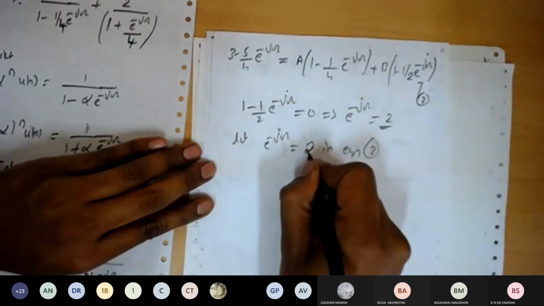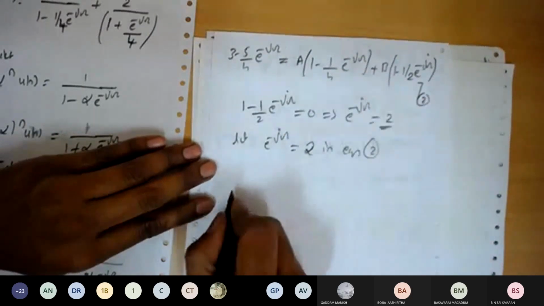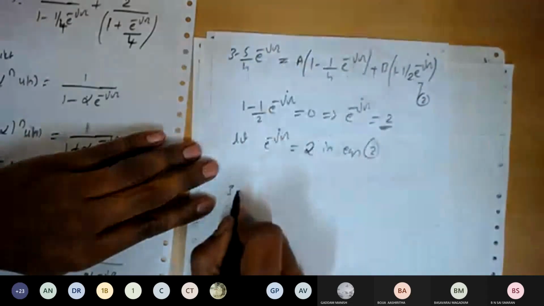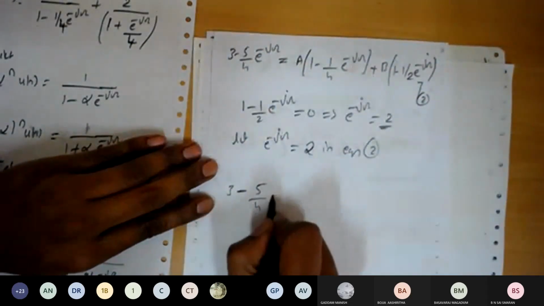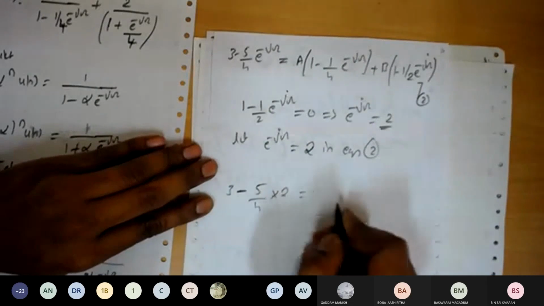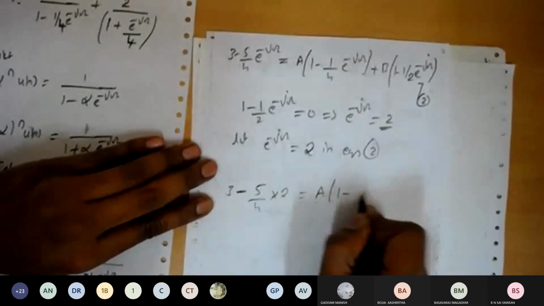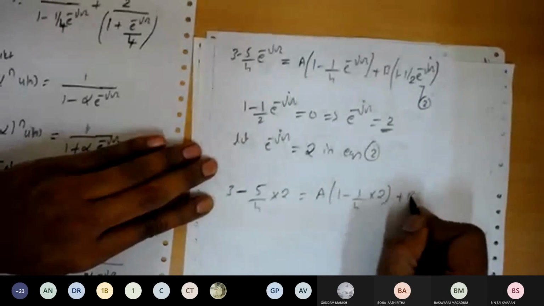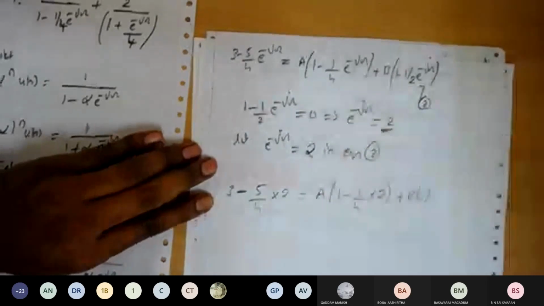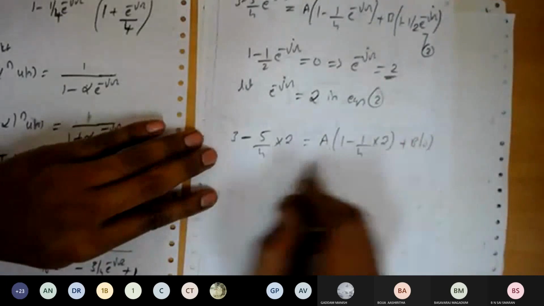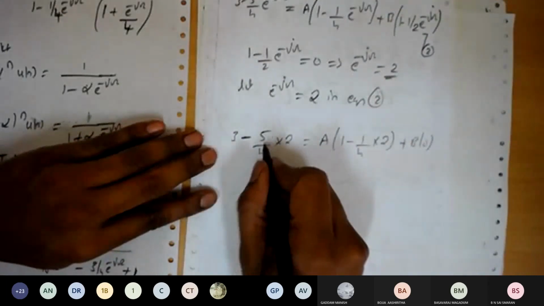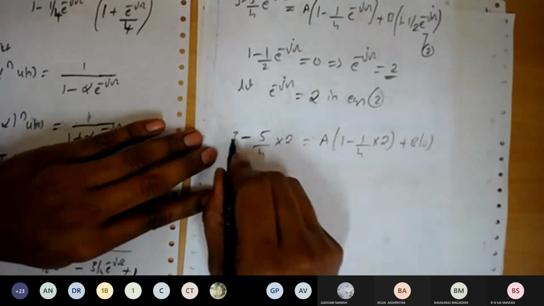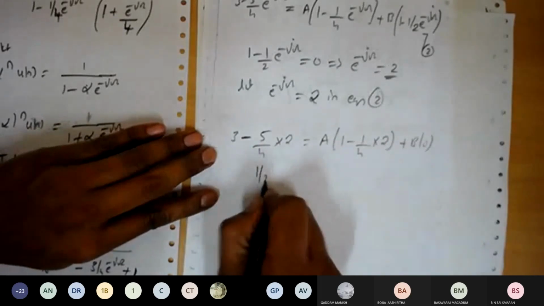It has become 3 minus 5 by 4 into 2, which is equal to a into 1 minus 1 by 4 into 2, plus b into 0. So let us simplify. 5 by 2 is 2.5, so 3 minus 2.5 is 1 by 2.